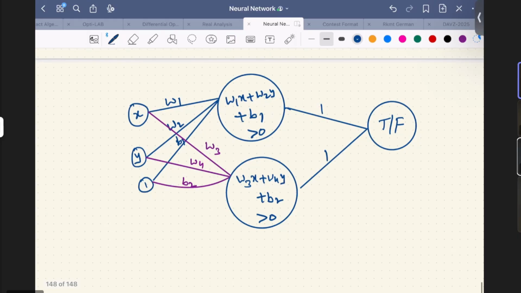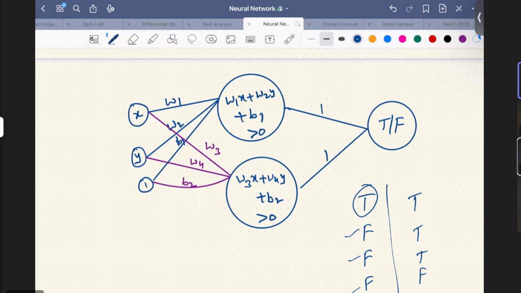For AND: if both are true, then true, and all the rest false. For the OR gate: if both are false, then false, and all the rest are true. In between, if one of the things is false, it is false.